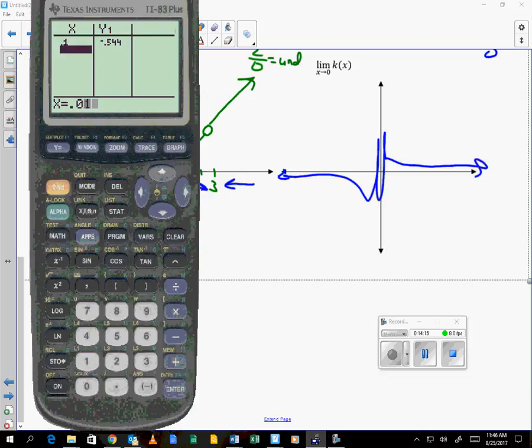Now, careful there. He went straight to 0.001. A lot of people in second hour especially were saying, well, just go 0.0001 right away. We'll give you the answer. We have to look for the trend.